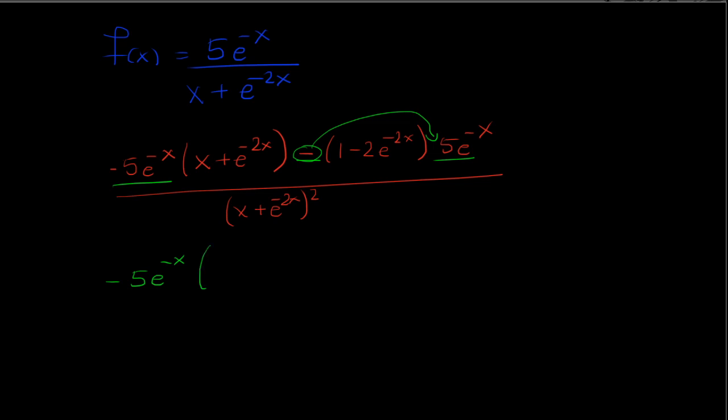And I'm left with x plus e to the negative 2x from the first term. Okay, I'm going to put that in parentheses. And then plus, since I factored out a negative, since these two are negative, I factor it out, so now I'm going to add them: 1 minus 2e to the negative 2x.